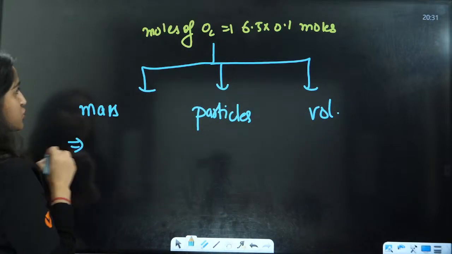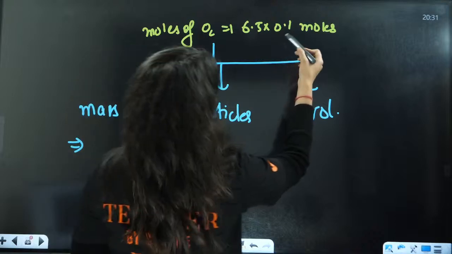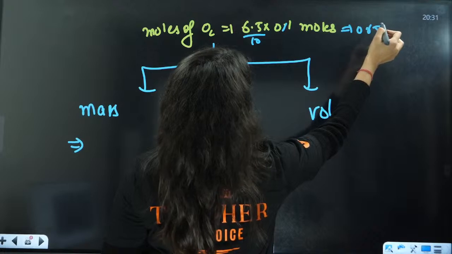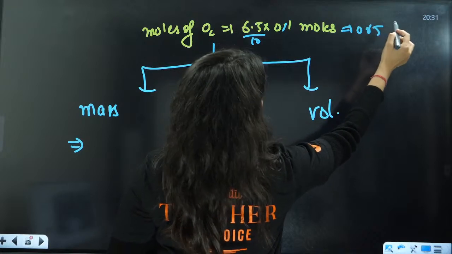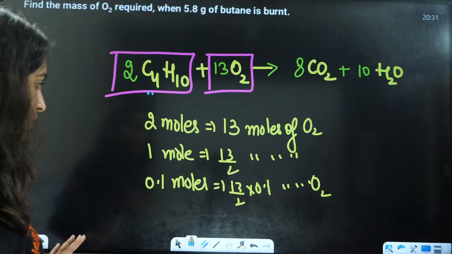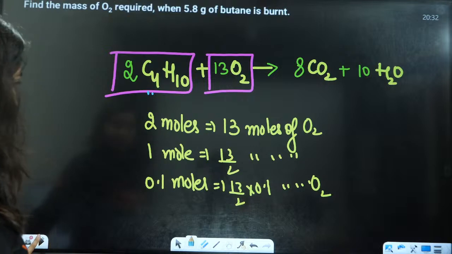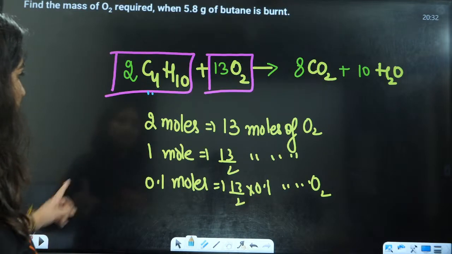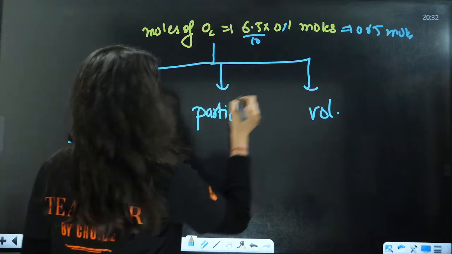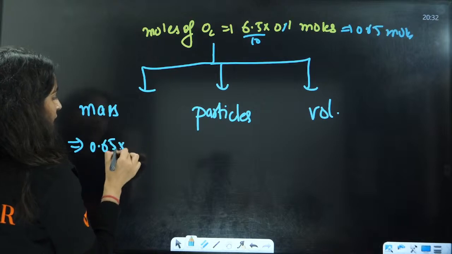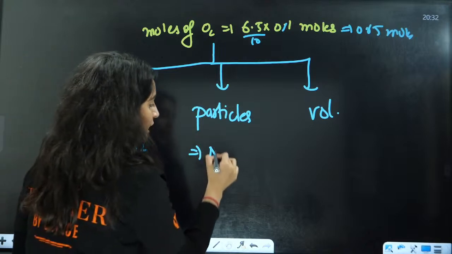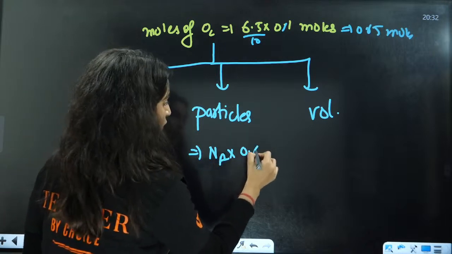The mass is 0.65 into 32. For the particles, that is Avogadro's number into 0.65.